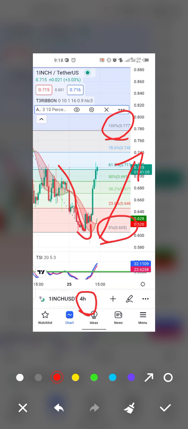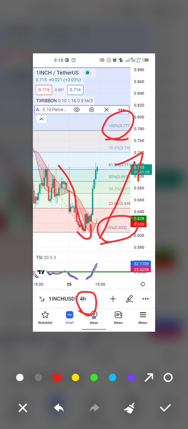Now, it is the opposite. Once you find 0 on top and 100 down, it means the previous trend was an upward trend, and now we are into a downward trend.